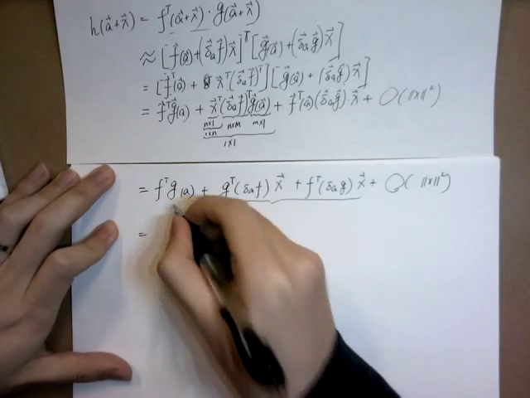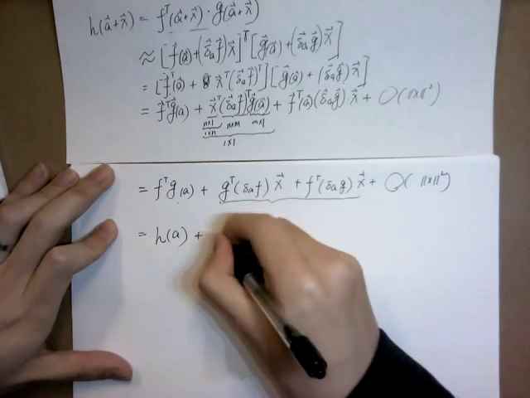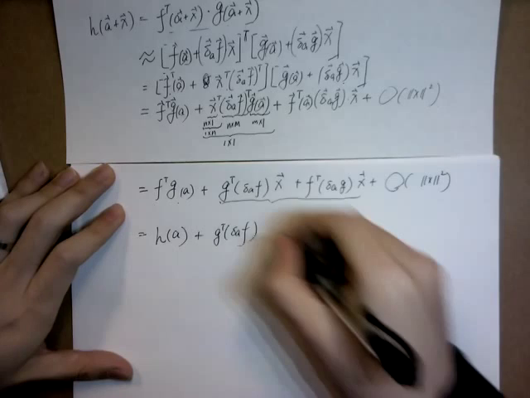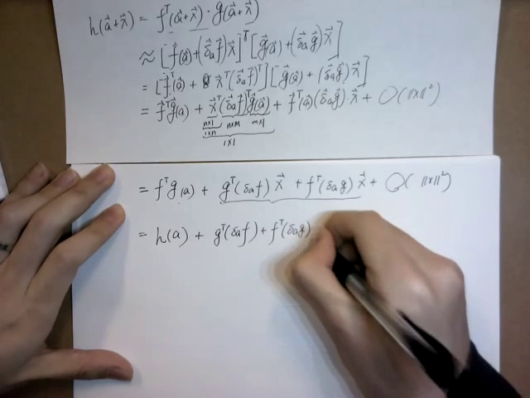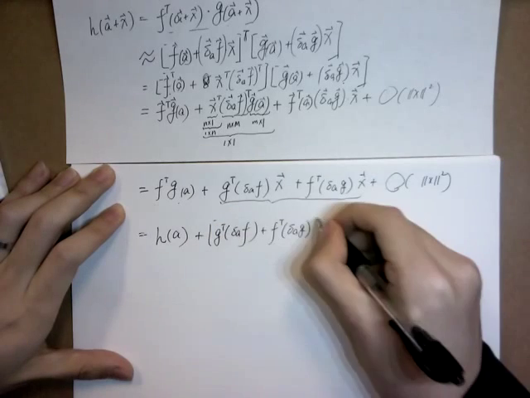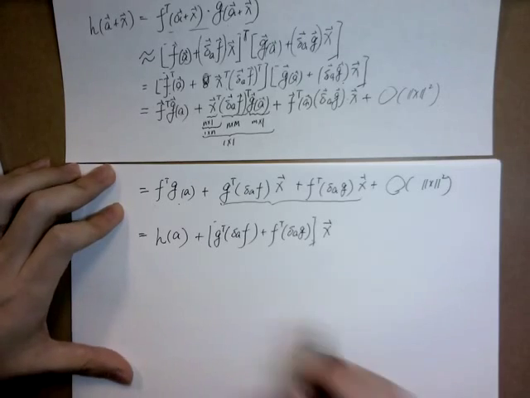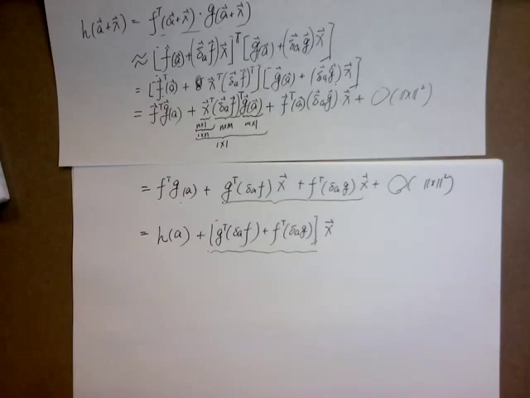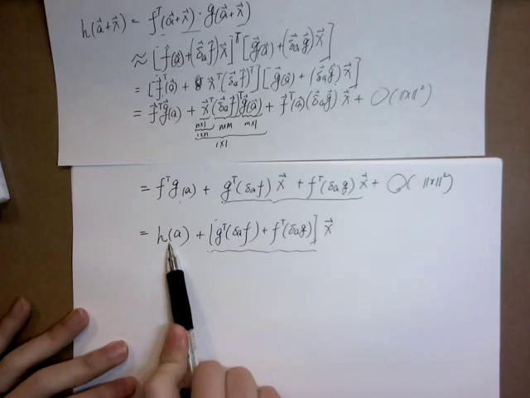Because F transpose G is H, this is H at A, plus G transpose Jacobian matrix of F plus F transpose Jacobian matrix of G, this thing times X. And then this is our total derivative that we want to get. Right? It's the best linear approximation of h near the point A.